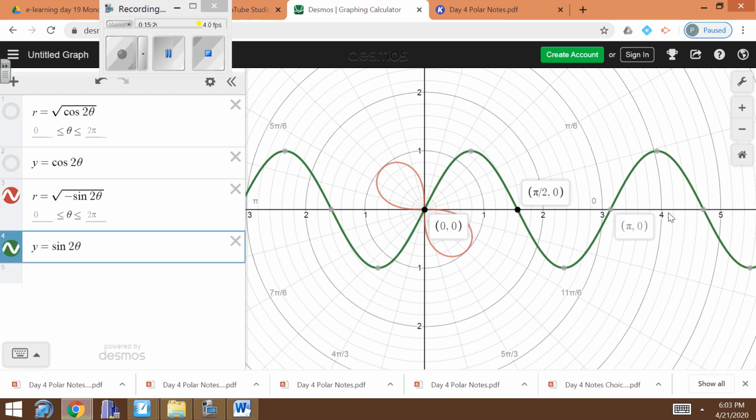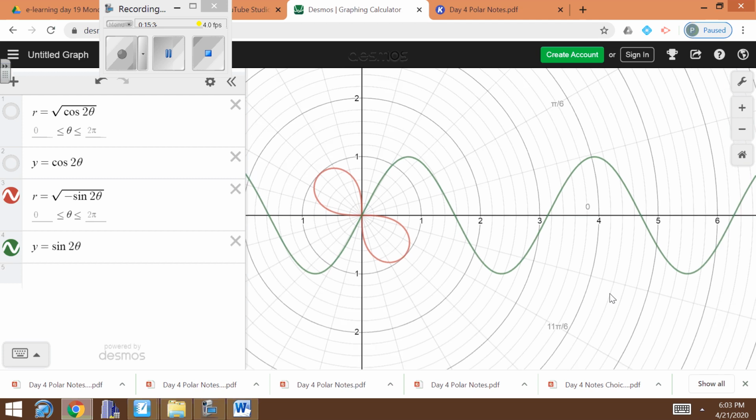So again, just to go quickly through it, here's pi to 3 pi over 2. Nothing is graphed on that lemniscate here because a negative times a positive would give you a negative, and r squared is always positive. And so that's why we didn't have them here.